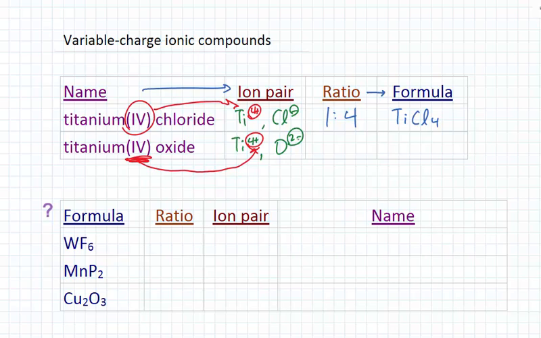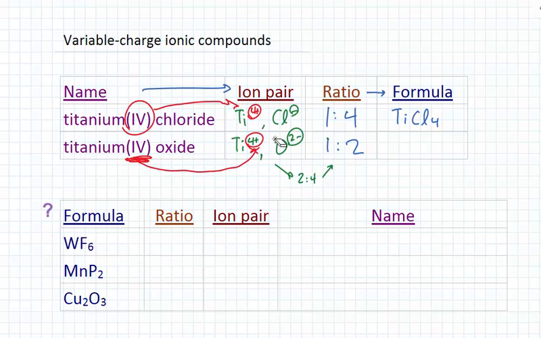Okay? So, 4 plus and 2 minus. You can start to think of how those fit together, or you could just switch them. If you switched them, you'd have 2 to 4, but that's not a simplified ratio. The simplified ratio would be 1 to 2.